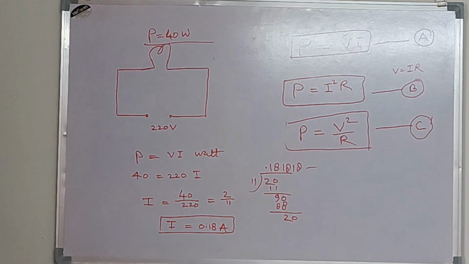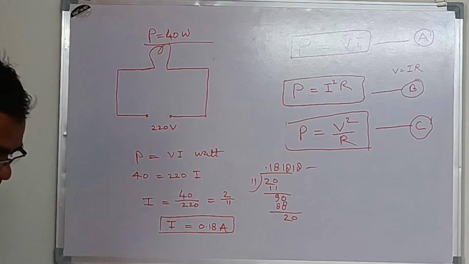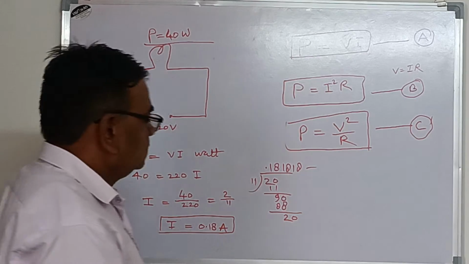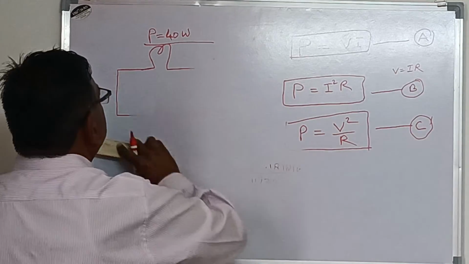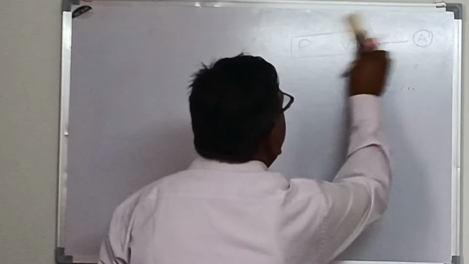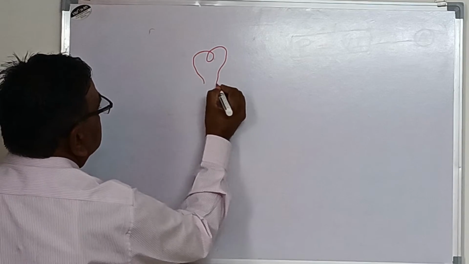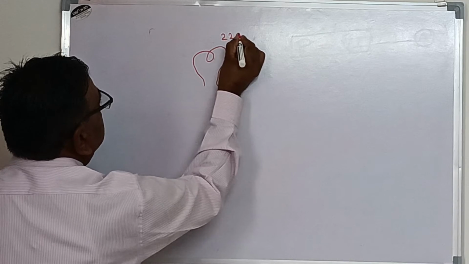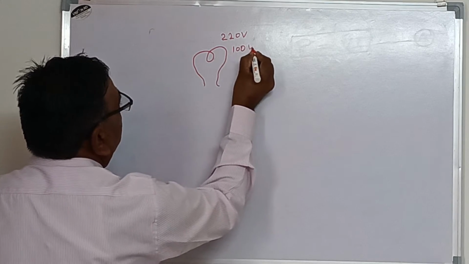Now the next question, some tricky question. Second question. एक इलेक्ट्रिक बल्ब है, उस पर रेटिंग लिखी हुई है, you use in your house. This is the bulb. रेटिंग है 220 वोल्ट, 100 watt.